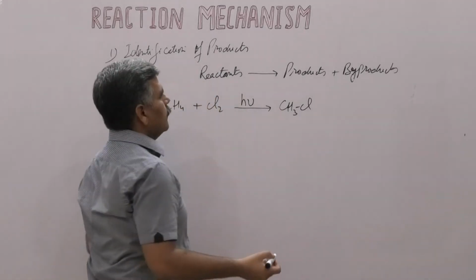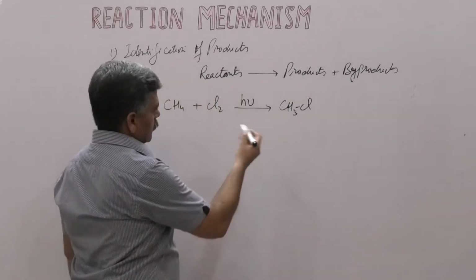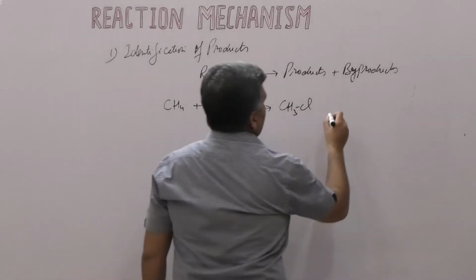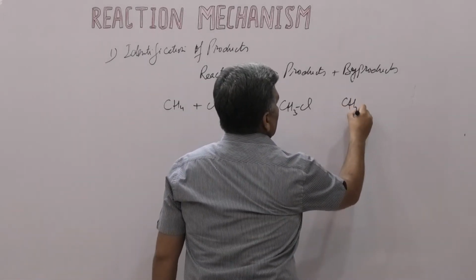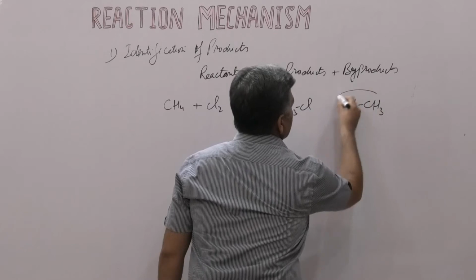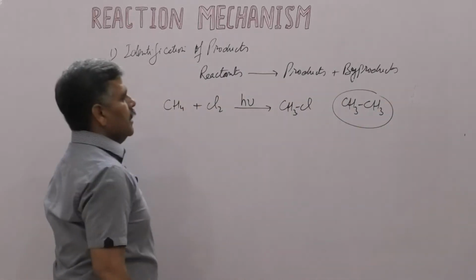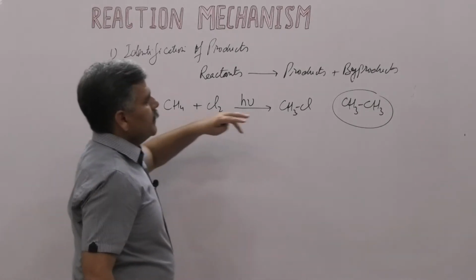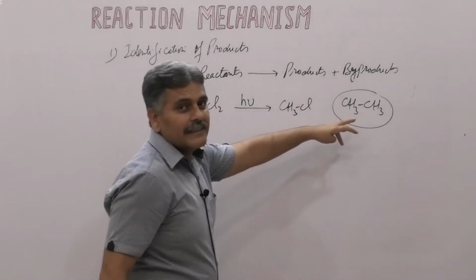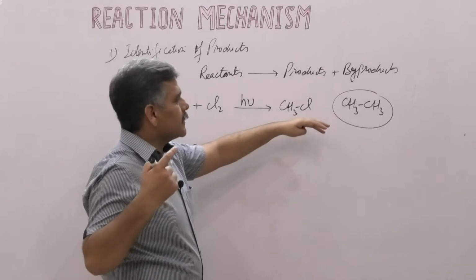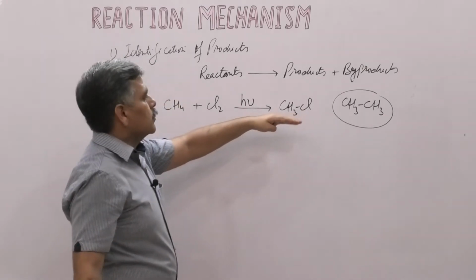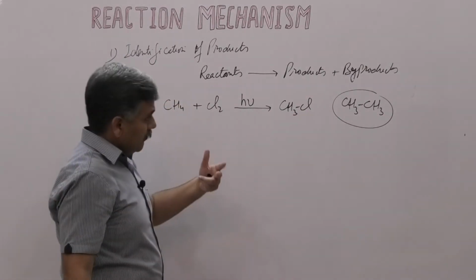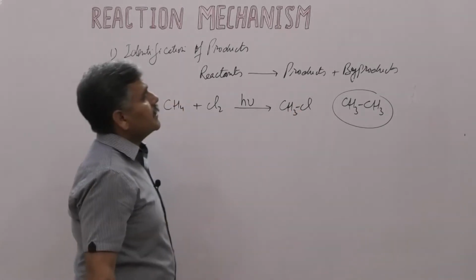HCl is also formed along with our product, but another byproduct is obtained, which is ethane. Any mechanism which is unable to explain the formation of this ethane is not acceptable.